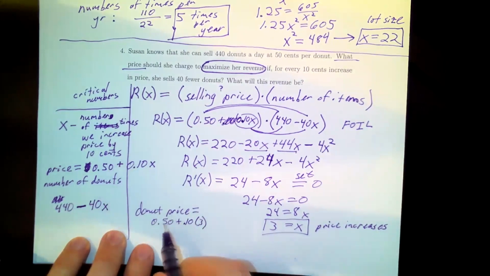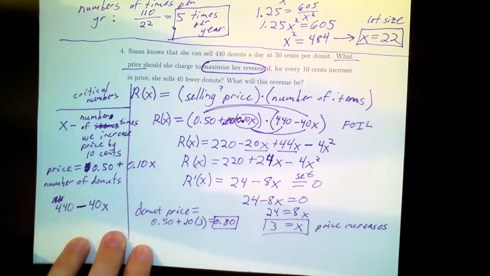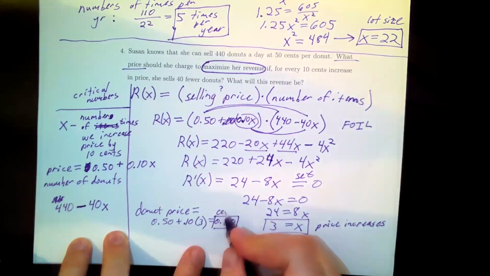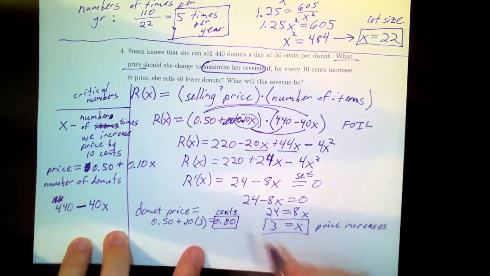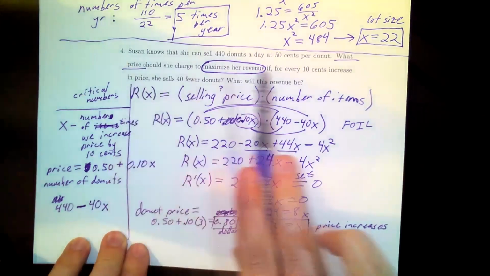So you end up with 50 cents plus 30 cents, which is 80 cents for my donut. So the new price per donut is 80 cents, or $0.80. So I'll put $0.80 here. Okay, so that's the price.